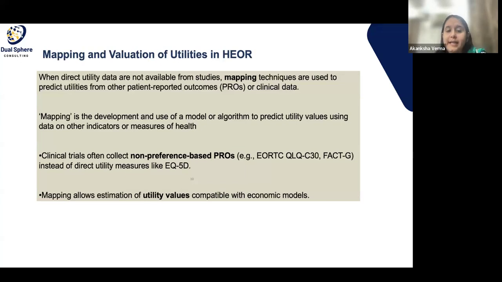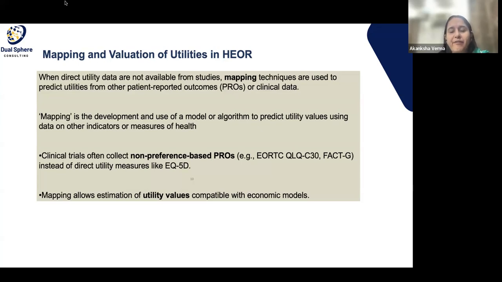Okay. Clinical trials often collect non-preference based PROs. As I told you, for cancer, there are specific tools available. They don't use generic tools or generic prompts to report patient reported outcomes, and since they don't report direct preference based PROs, mapping can help you derive utility values in such cases.